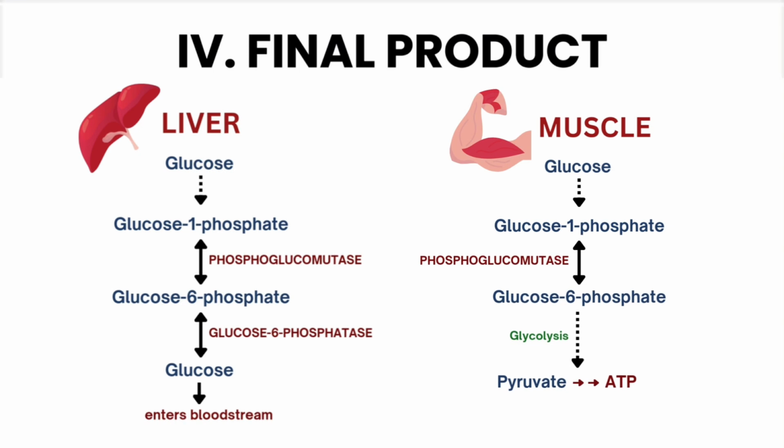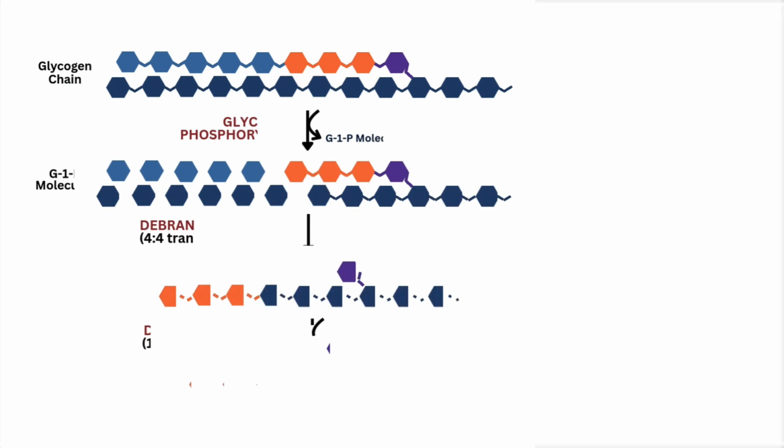In the muscles, there is no glucose 6-phosphatase. Instead, the glucose 6-phosphate directly enters glycolysis to produce ATP, or adenosine triphosphate, that supplies energy for muscle contractions and activity.